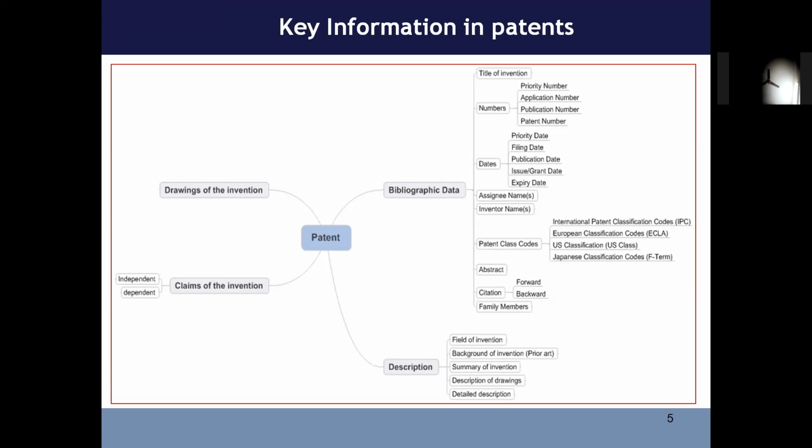In this case, the patents filed in all these different countries are called family members of the patent filed in India. So the same invention can get more than one patent in different countries. All those are called family members. So this is about bibliographic data. After this, the second part is drawings of the invention.